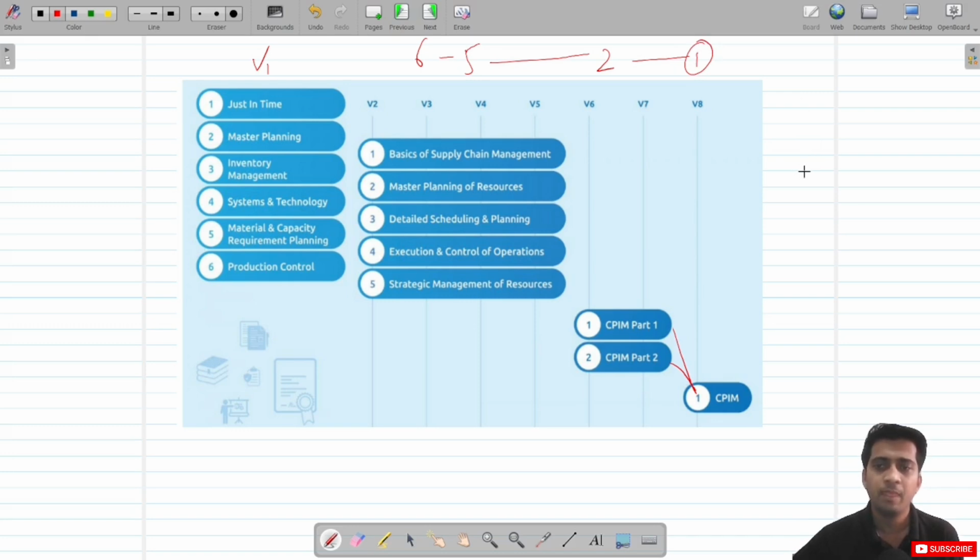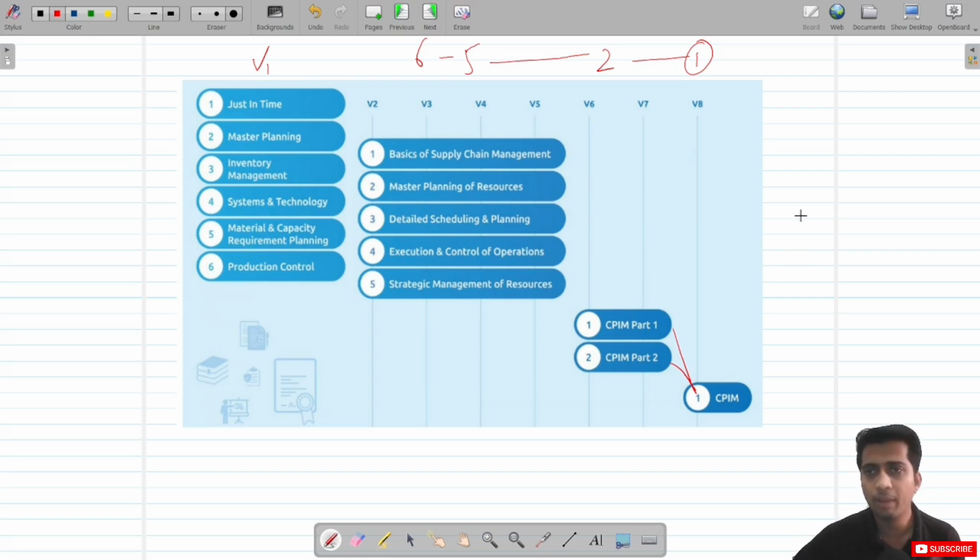The reason is that most of the people giving these exams are working professionals, and as work-life balance gets more demanding day by day, it's difficult for them to appear for multiple exams. APICS is making the exam pattern easier for them, reducing the number of exams, and eventually as of today we have to give only one exam. So it's good that you don't have to give multiple exams.